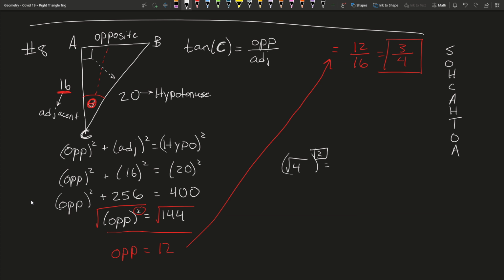So we could rewrite this as the square root of 4 times the square root of 4, which is just 4. So usually when you square a radical, you're just getting rid of it. Is the opposite always 144 or 12 squared? The opposite is 12. In this case, it's not always like that.